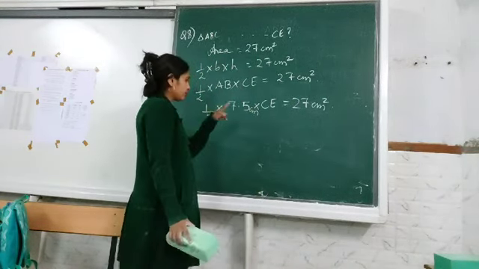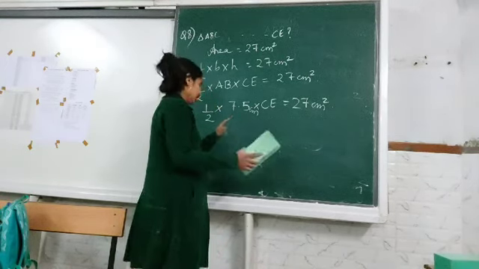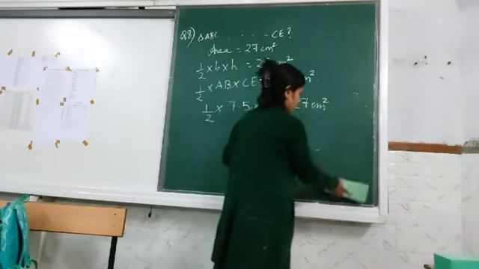It is division, it becomes multiplication. 7.5 is multiplication, it becomes division.